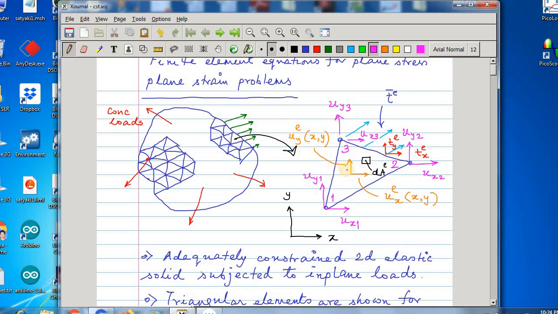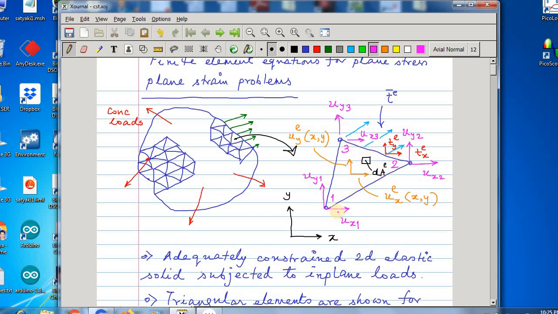Now if you take out one element, for our convenience we have taken it as a 3-node element, but the following analysis is not limited to 3-node elements. It is also valid for rectangular elements or quadrilateral elements.